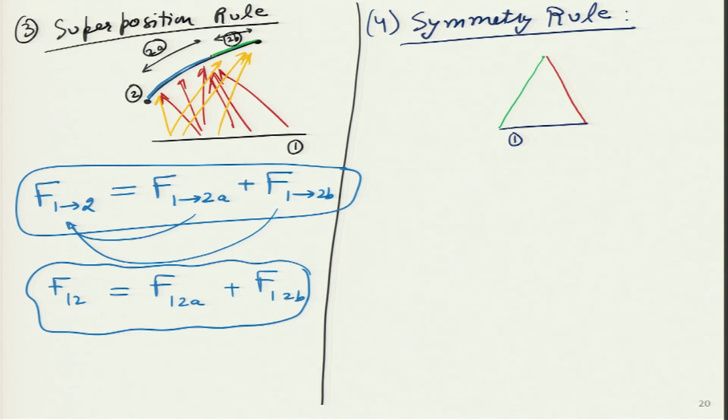We can clearly see that surface 2 and surface 3 are longer than surface 1, but there is some sort of symmetry in between. So, if I use this orange dotted line, along this particular line there is symmetry.